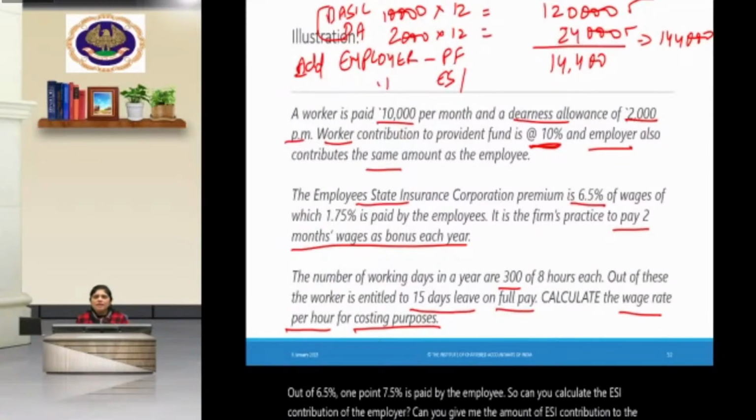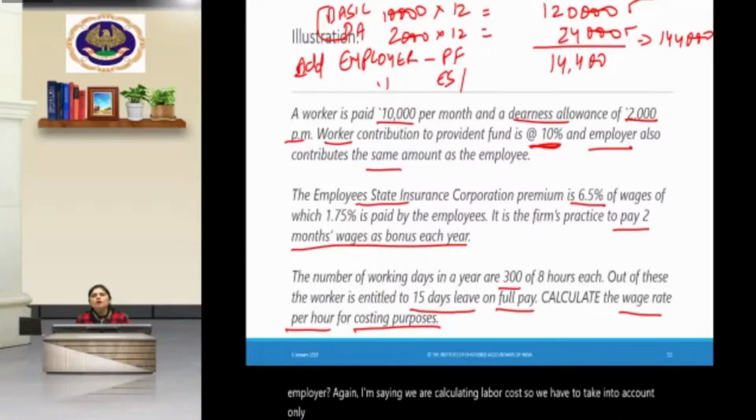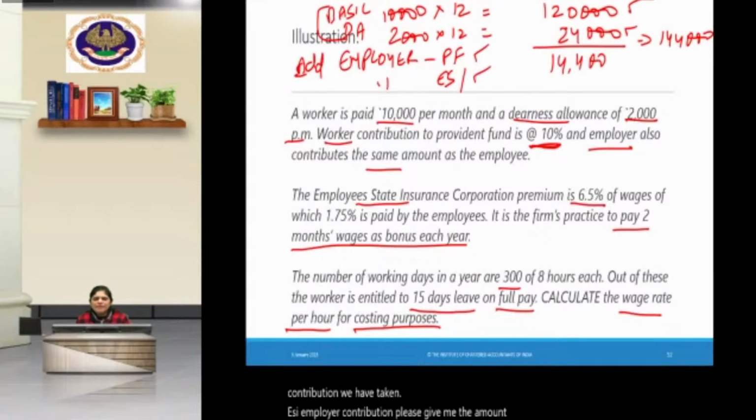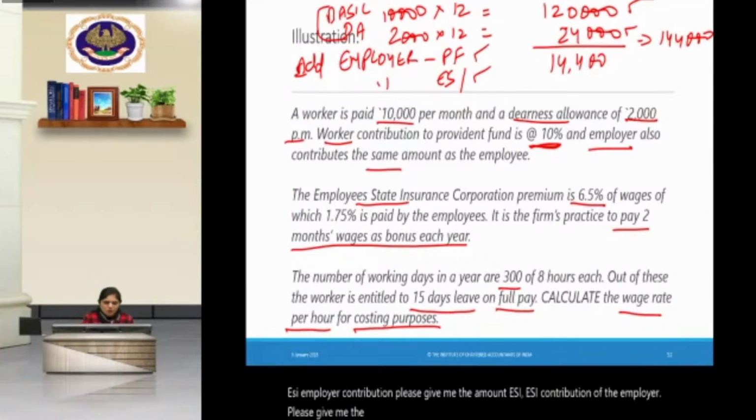Again, I'm saying we are calculating labor cost. So we have to take into account only the employer contribution towards PF and ESI. PF employer contribution we have taken. ESI employer contribution, please give me the amount. I'll also calculate. You also calculate.